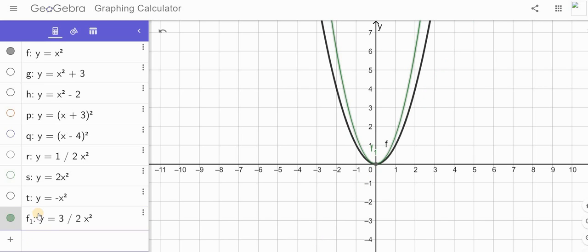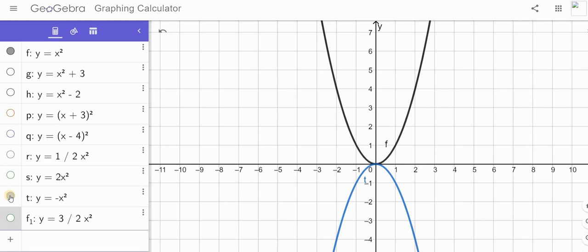Well, that graph is skinnier, because 3/2 is an improper fraction. It's actually more than 1. So you can't just look at the coefficient and say, oh, it's a fraction, it's going to be wider. You have to see if that fraction is actually more than 1 or less than 1.